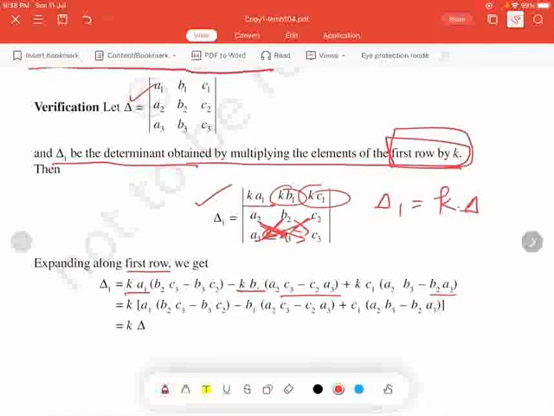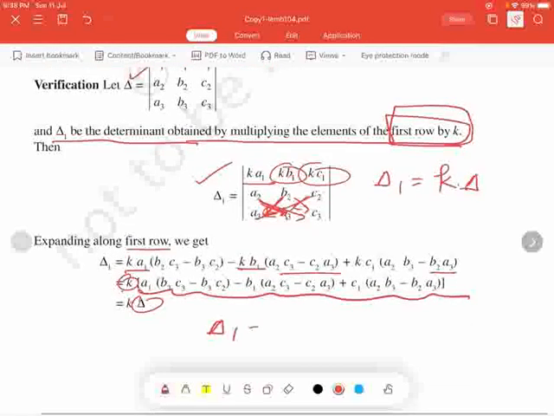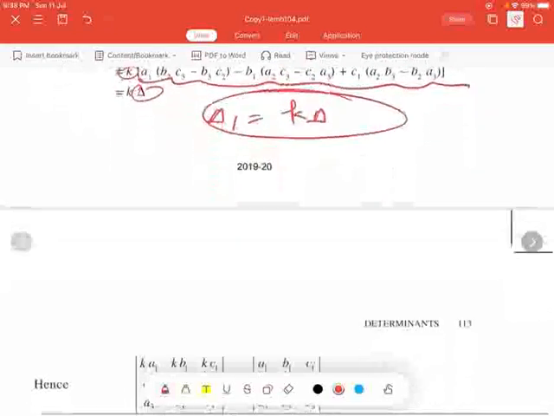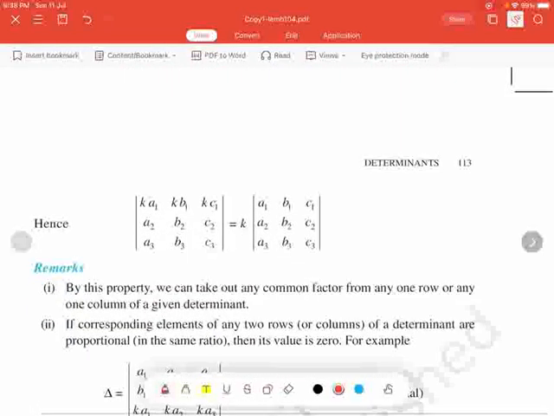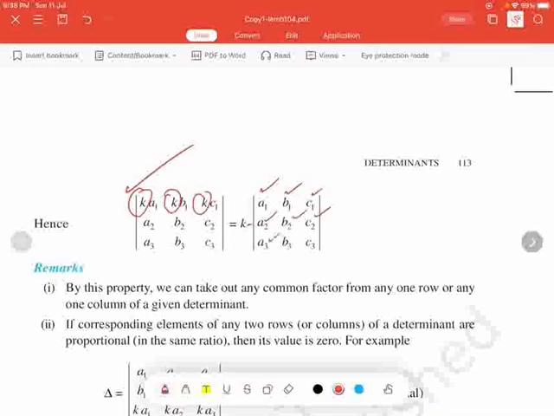So here k is common out, the remaining thing is the same as delta, so delta 1 equals k times delta. So if we write it in that form, k and k, you can simply write it as k into a1 b1 c1, a2 b2 c2 and a3 b3 c3.